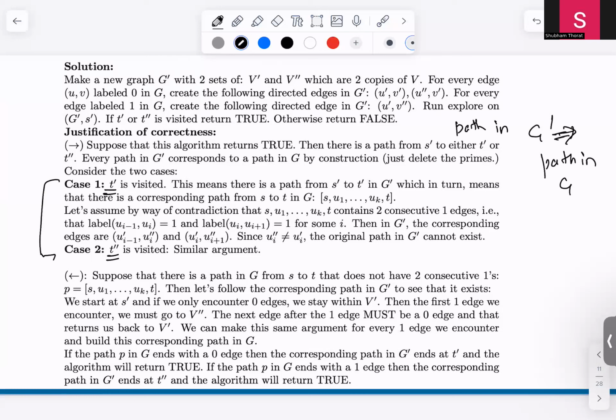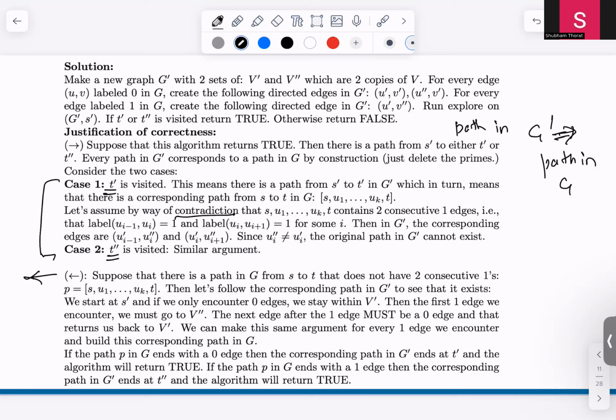In either of these cases, we return true. If you look at the proof in detail, you will see that we are trying to use contradiction to prove this. Like if we assume that it contains two consecutive one edges, then we show that it's not possible. And similarly, in the backward direction, we show that if there is a path in G from S to T that does not contain two consecutive ones, then it returns true.